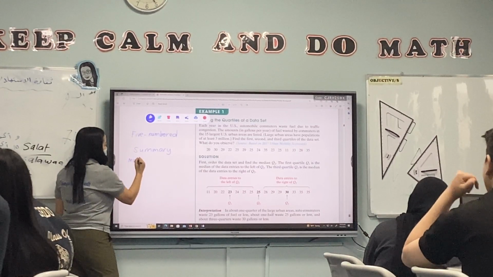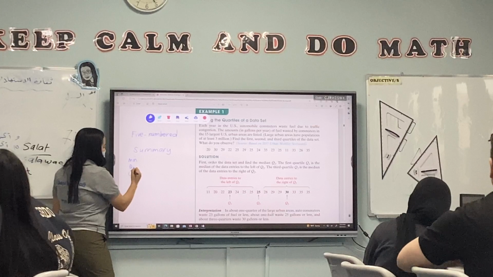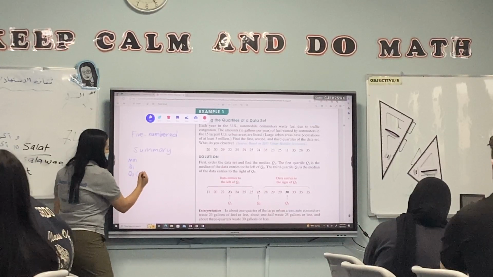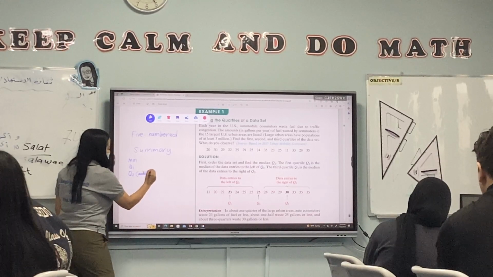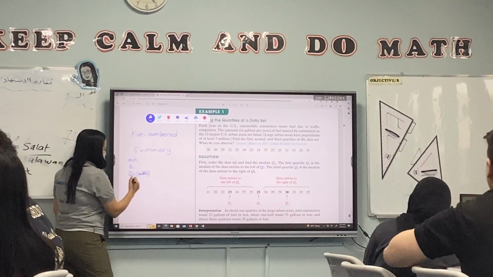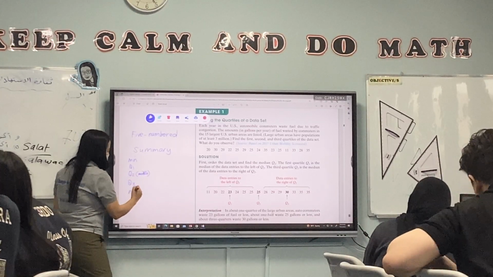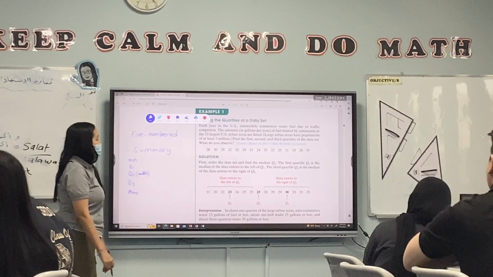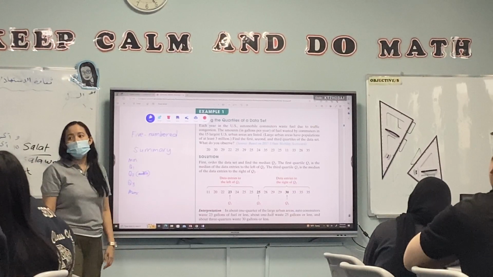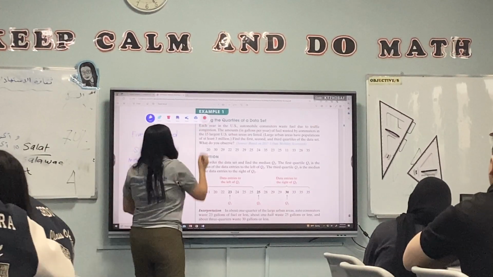One is the minimum, quartile 1, quartile 2, or sometimes this is the middle or median, and quartile 3 and the maximum. That's why it's called a 5-number summary. Okay? Any question in quartile? Next.